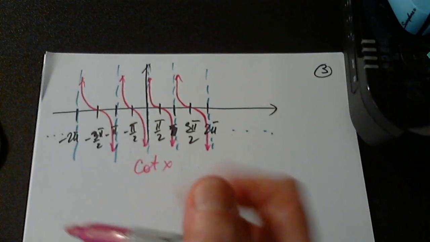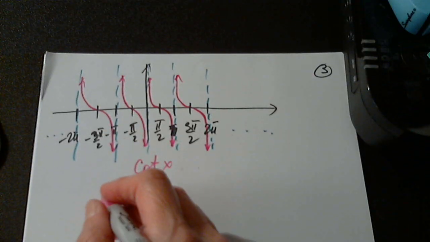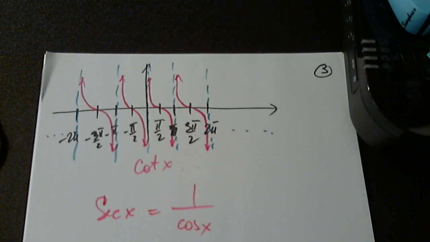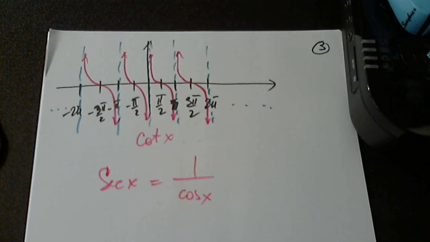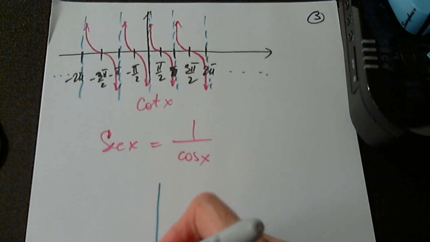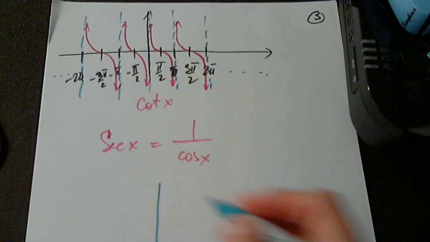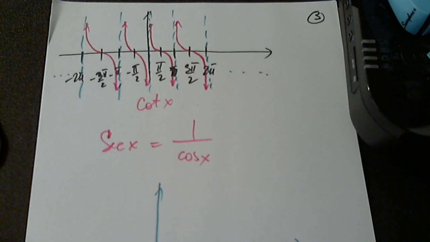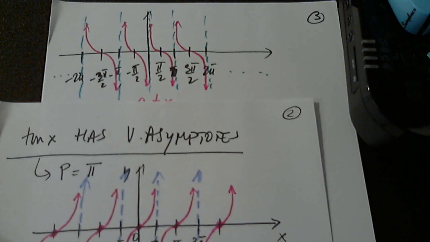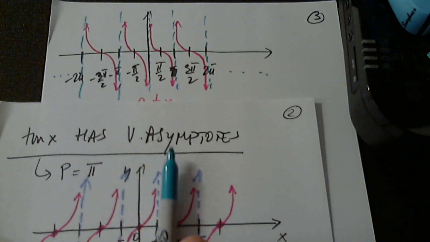Let's take a look at secant and cosecant. Secant, by definition, is 1 over cosine. And yes, I know you're going to say, when cosine is 0, we already graphed when cosine was 0. And I will just copy the same vertical asymptotes.